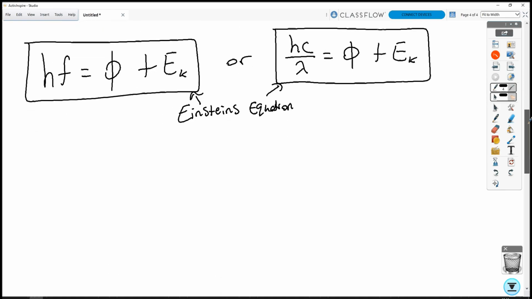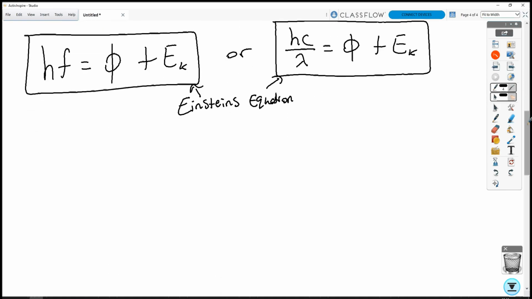And now we can write a definition for phi. Phi is called the work function of the material. I'm going to underline that because that's an important word that you need.